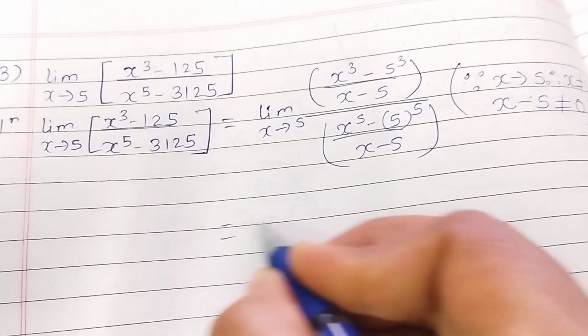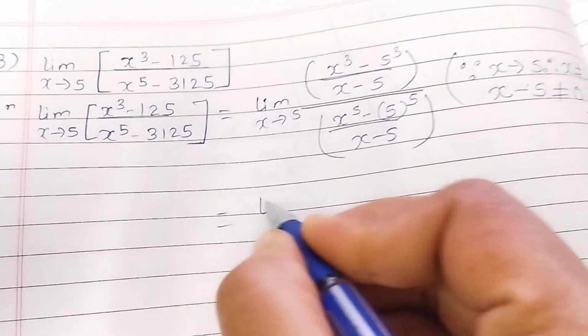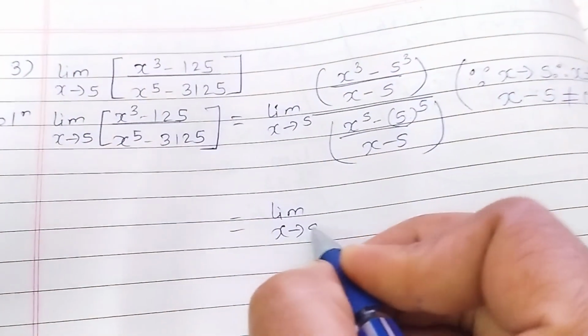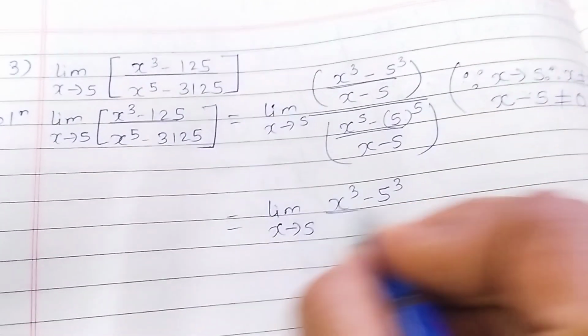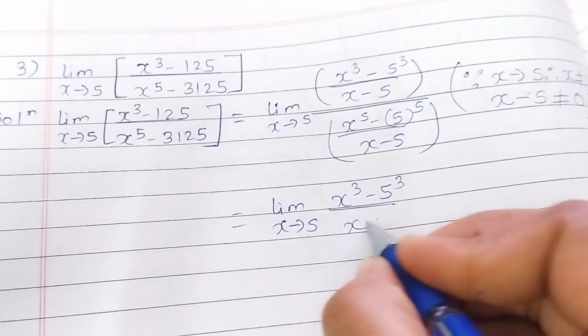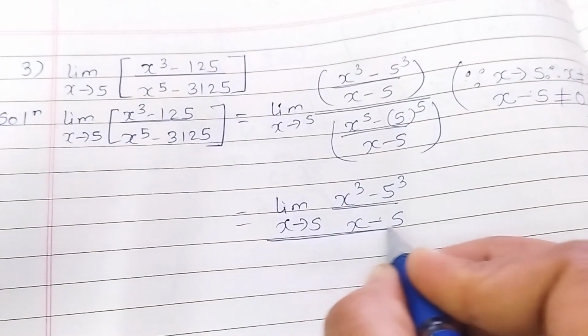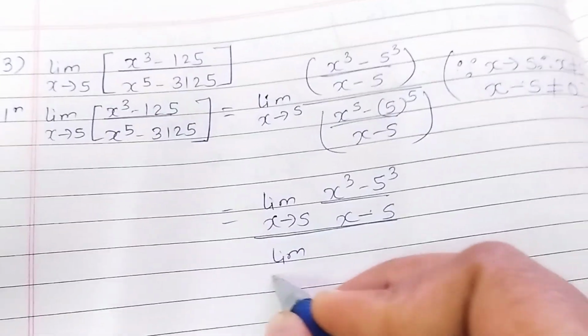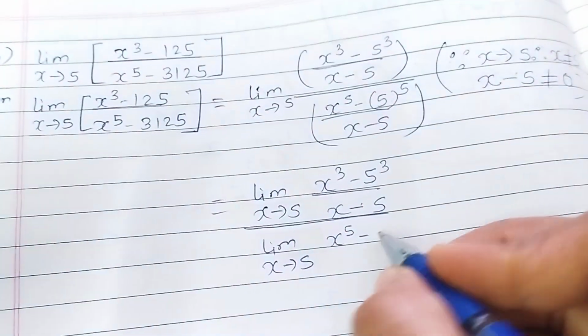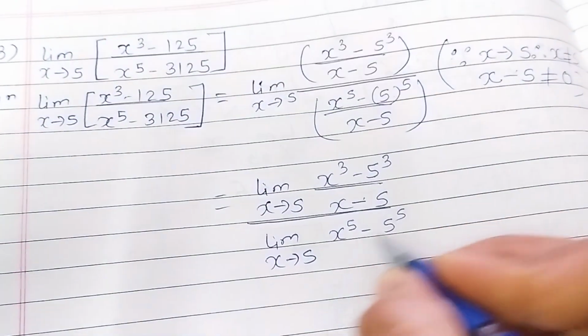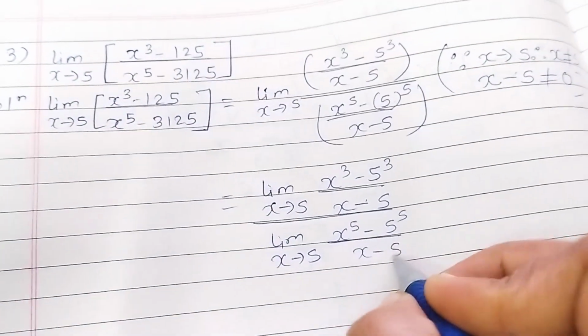Now second one, so limit x tends to 5 x cube minus 5 raised to cube and upon x minus 5 and upon limit x tends to 5 x raised to 5 minus 5 raised to 5 then upon x minus 5.